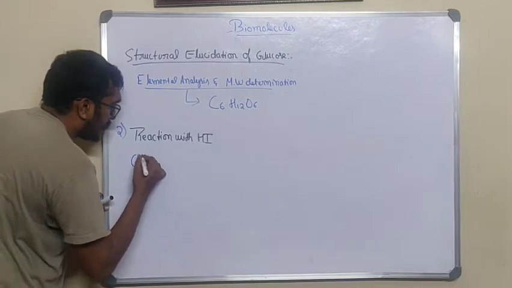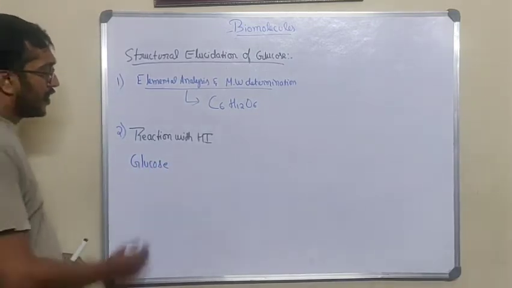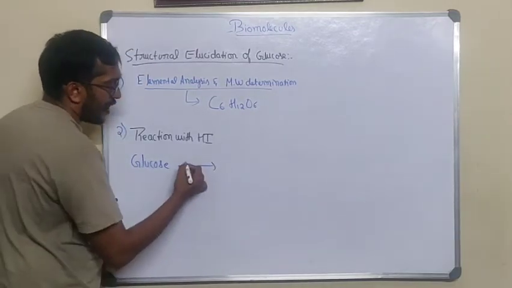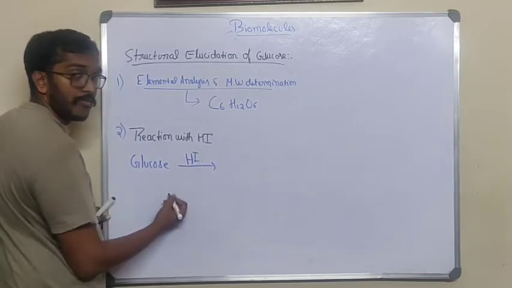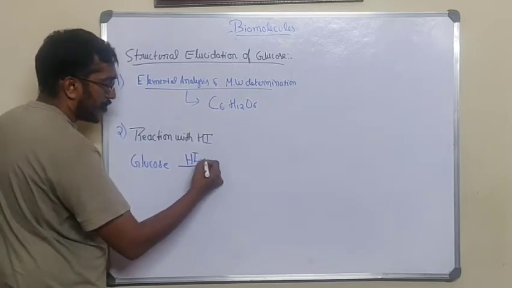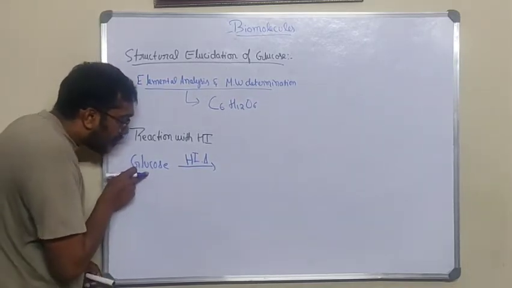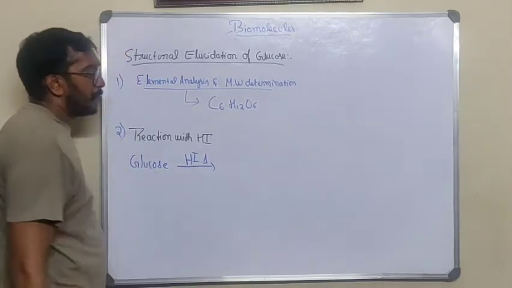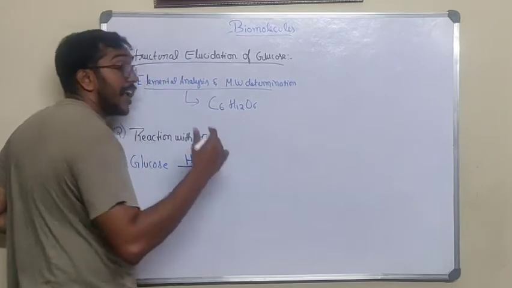If I take glucose and add hydrogen iodide, and heat this, the glucose in the presence of hydrogen iodide is going to give one product, that is n-hexane.